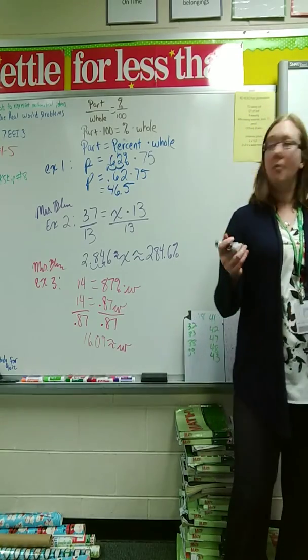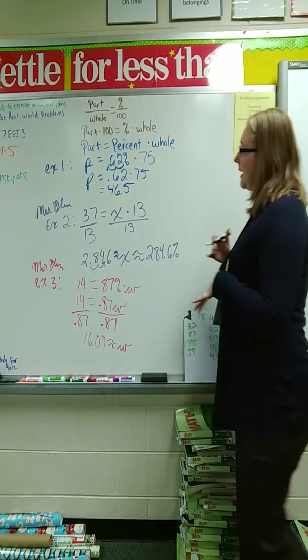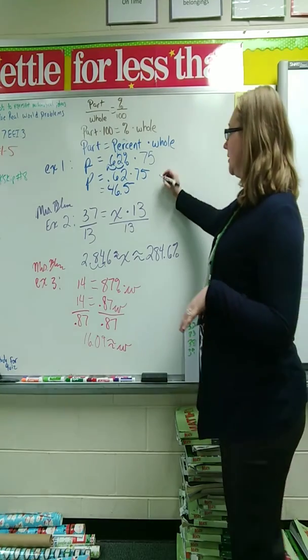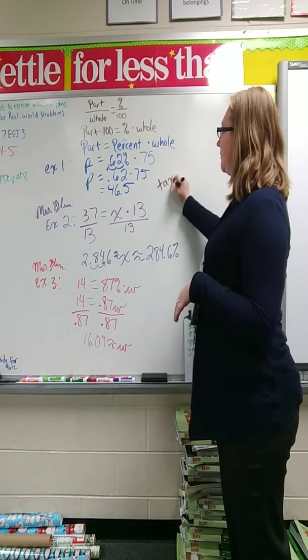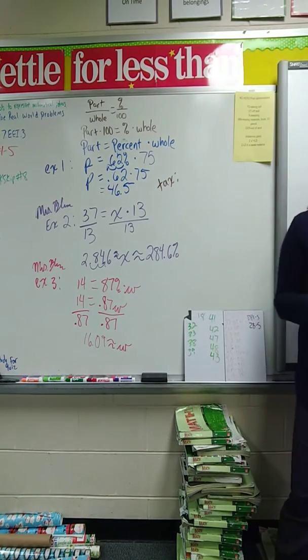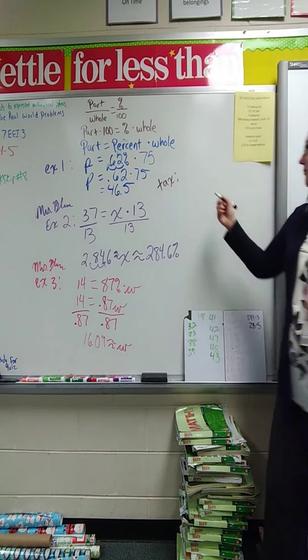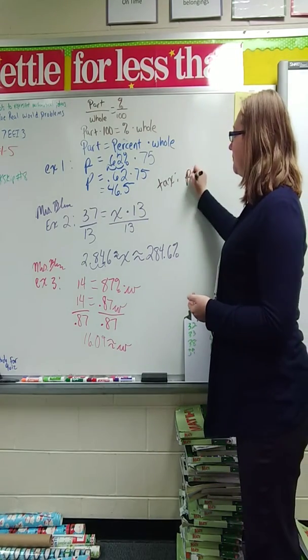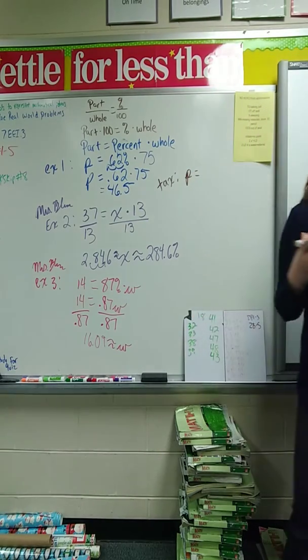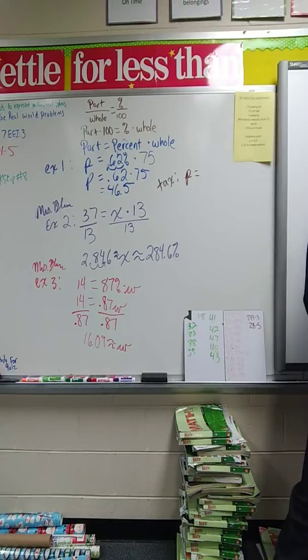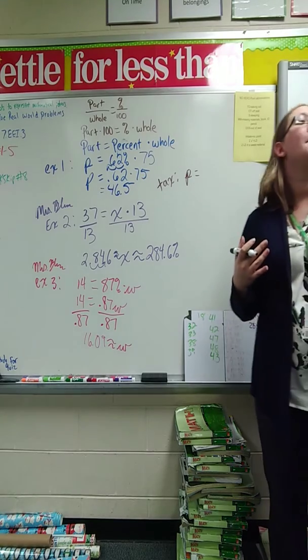All right. So if we're looking at tax, I'm going to write this over here. Thank goodness for multiple colors. The part is going to be the amount of sales tax that we pay. The percent is our sales tax. So what percent are we paying? 8%.